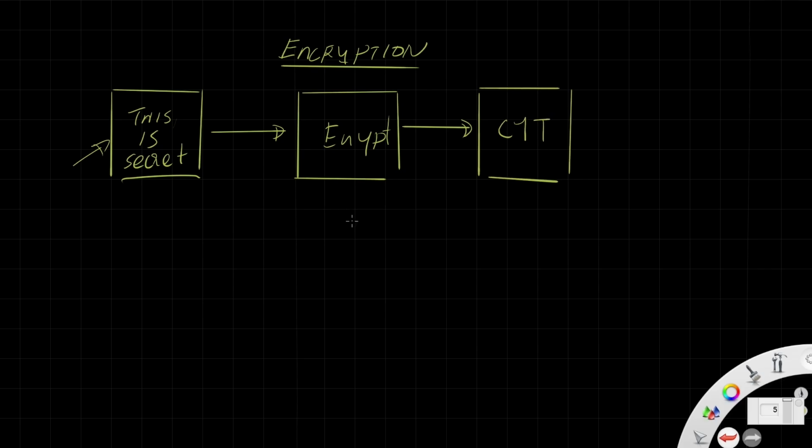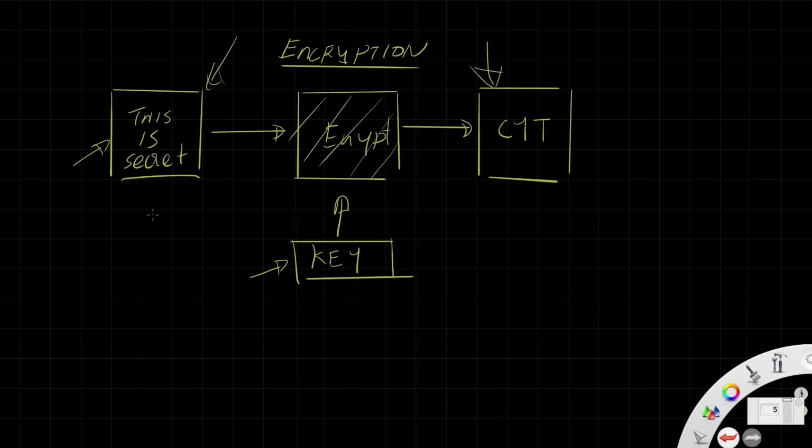In this process, normally we use something called a key as well. The size of the key is arbitrary. What happens inside this box is a process of changing this particular text such that no one can understand the actual information from this ciphertext. But you should be able to decrypt it as well.